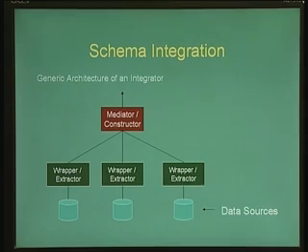The generic architecture of a schema integrator is shown in this slide here, where it basically consists of two specific stages. The lowermost stage is what is called a wrapper or an extractor. Given a particular schema, the extractor maps it into a standard schema set.